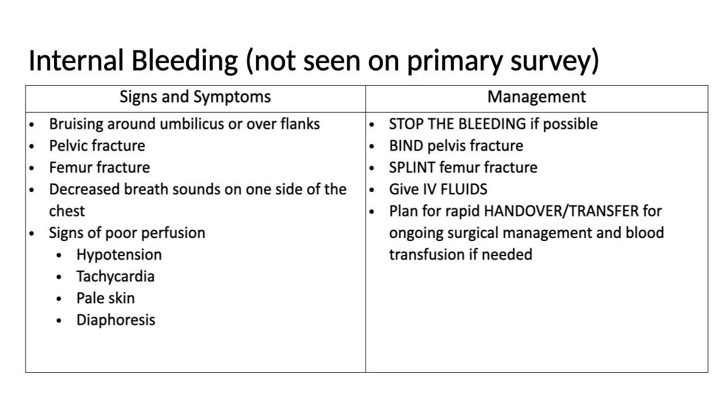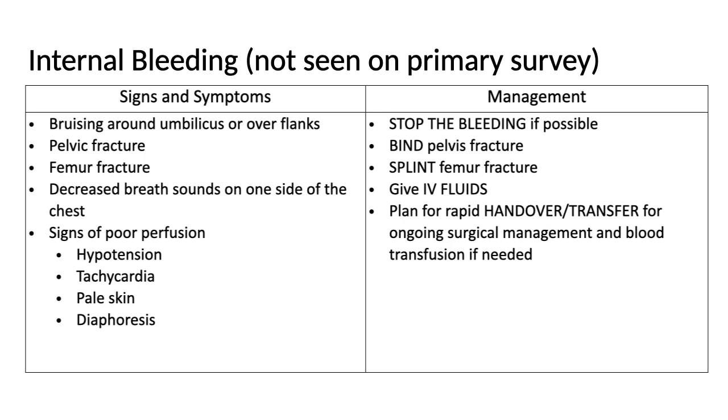One of the critical problems not seen in primary survey is internal bleeding. This can happen in the chest, abdomen, pelvis, thigh. You can see those with chest injuries, they can have shortness of breath. Those with abdominal injury can have bruising around the umbilicus and on the flank.